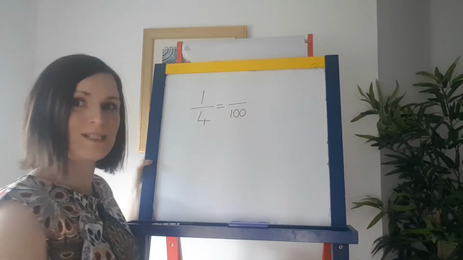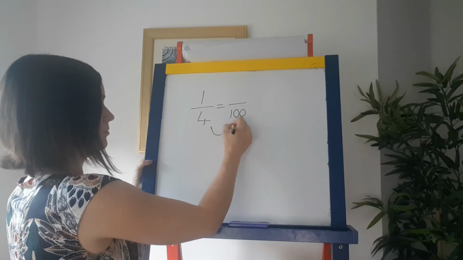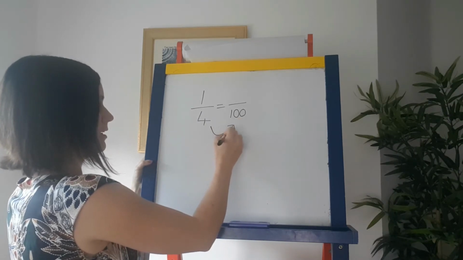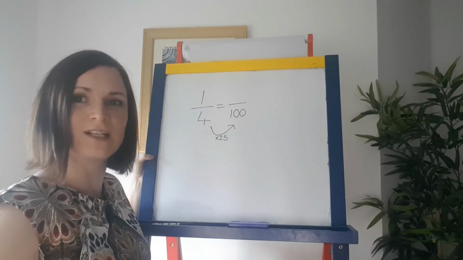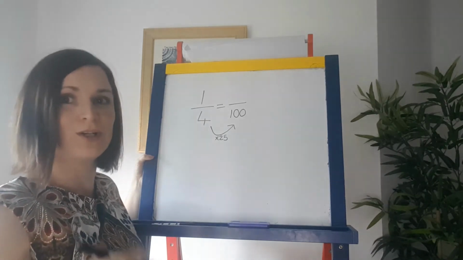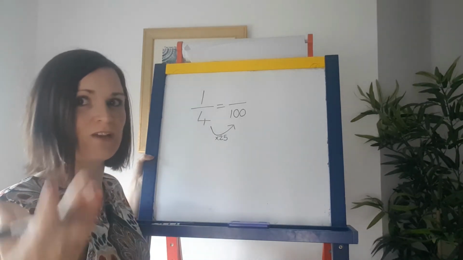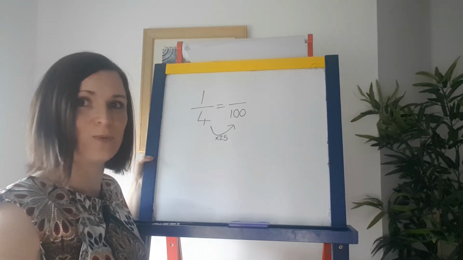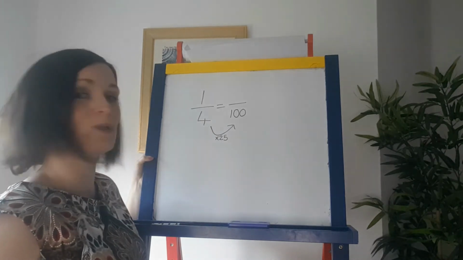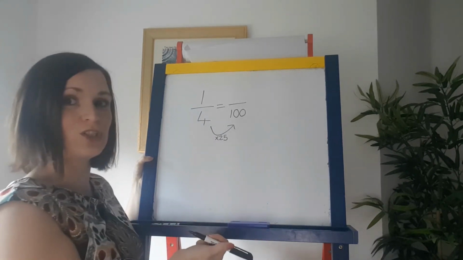Four times 25 is 100. And that's a wee thing I've always been telling my learners that they should try and remember. 25, 50, 75, 100. Counting in 25s, there are 4 25s in 100. So 4 times 25 is 100. That's what you've done to your denominator.